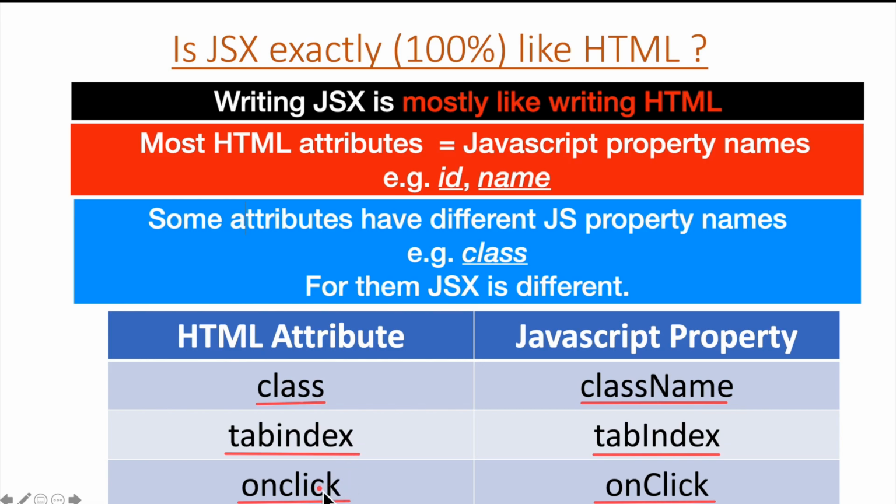Strictly speaking, onclick within HTML and onclick within JavaScript are the same, but React gives us something called synthetic events which wrap around these onclick events, and we will be using these synthetic events. So for the purposes of writing JSX, you have to remember that just like attributes have corresponding JavaScript property names, similarly these events have corresponding synthetic events.